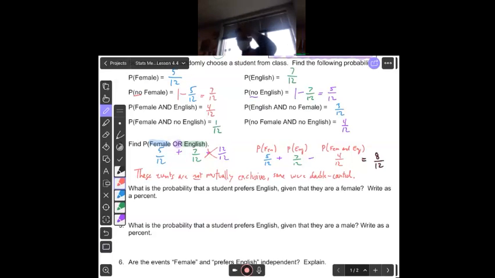If I'm picking a marble out of a bag, I can't pick a blue marble and a red marble at the same time if I'm only drawing one marble. I'm drawing a card out of a deck. I can't draw a face card and a 7 at the same time. Those things are mutually exclusive. If I say I draw a face card or a heart, then all of a sudden there's crossover there. Some things are going to get double counted.